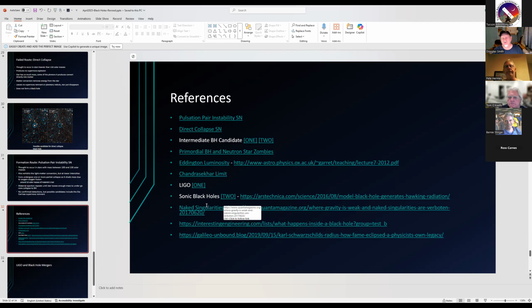So what Hawking radiation is: imagine this pair of particles forming right at the event horizon. One of them goes into the black hole, the other one goes out. By conservation of energy and conservation of momentum, the black hole has to shrink a little bit whenever that extra particle disappears.